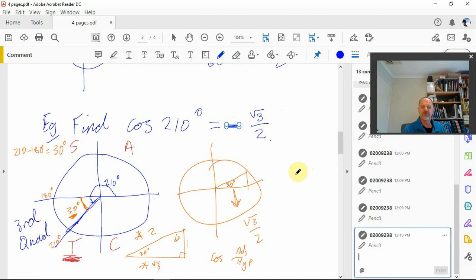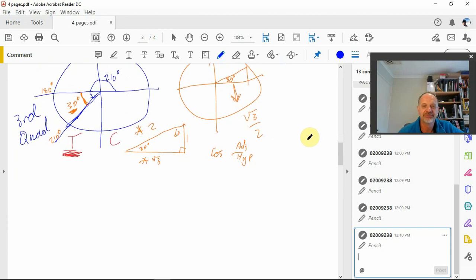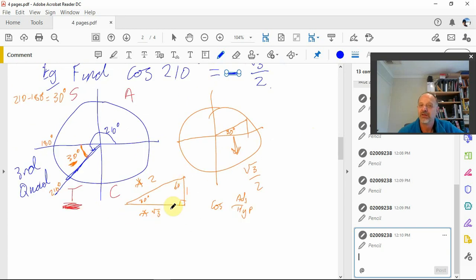So rather than remembering that whole big long list of stuff, we can work it out using this triangle, or the other triangle that I'll show you for the 45 degrees one, and knowing that symmetry stuff.